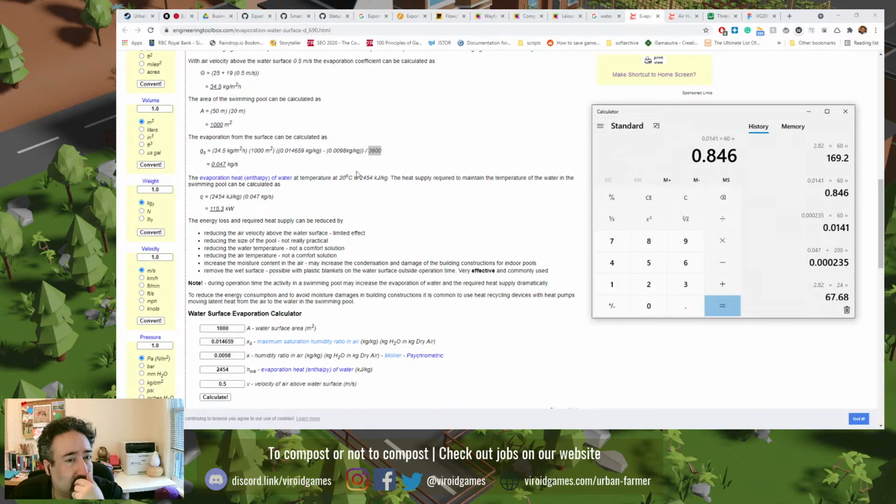Let's do it again from here. For 1,000 square meters, every second it's evaporating this much. Every hour it's evaporating this much.